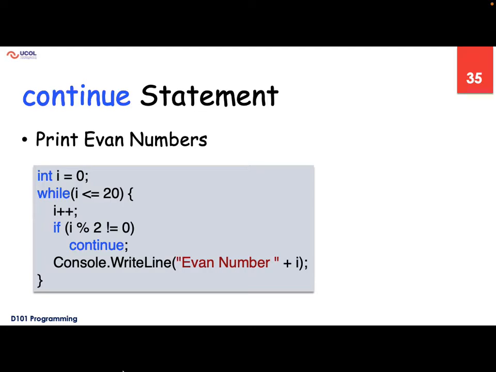We have a break, we also have a continue. So what happens in the continue? We are saying that I is less than or equal to 20. Then we say I plus plus. We start with 0, I plus plus, I will become 1. I is equal to 0, I is less than or equal to 20, yes, the condition is true.